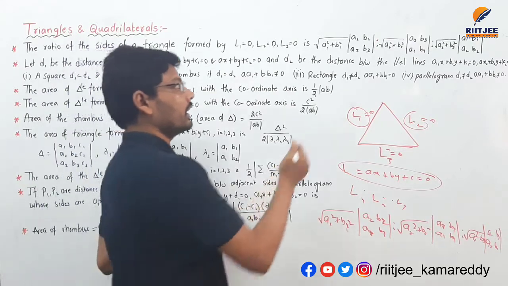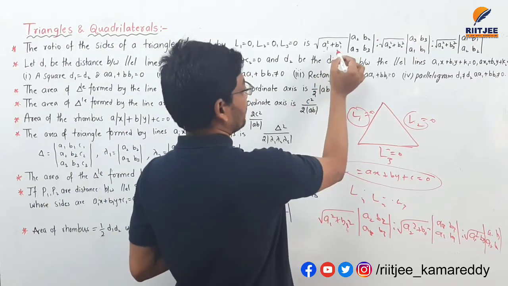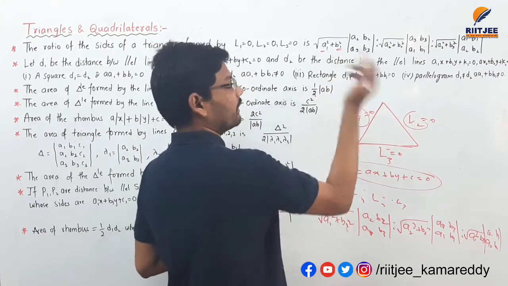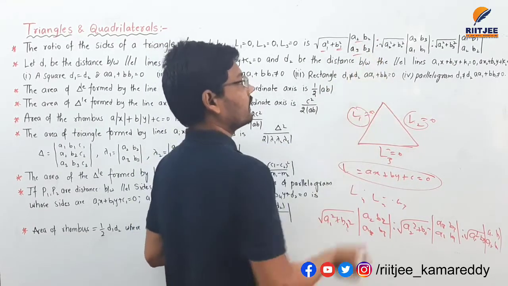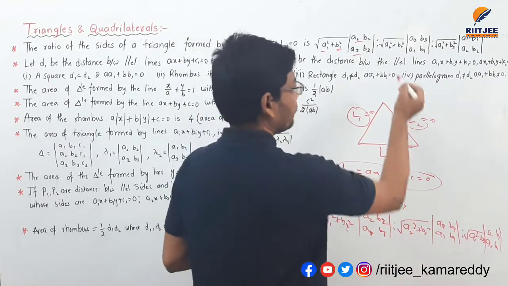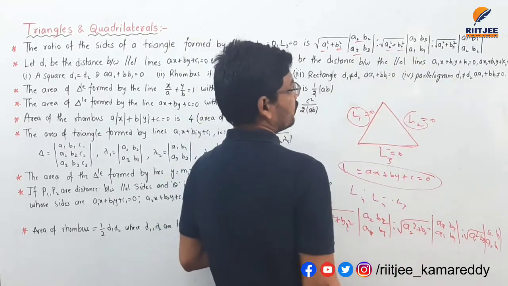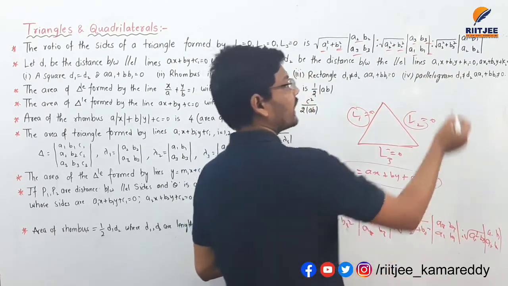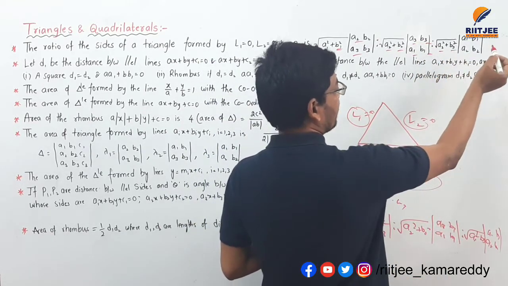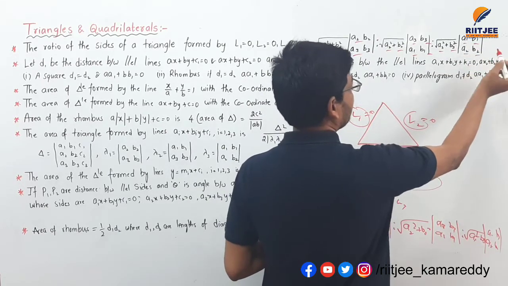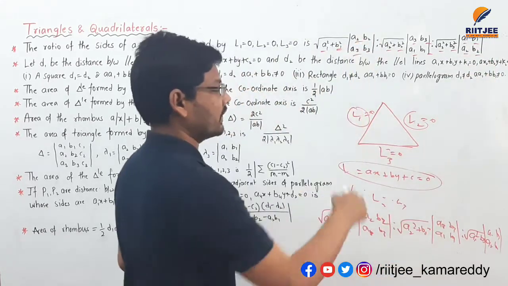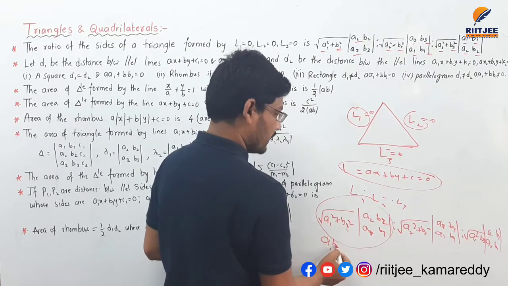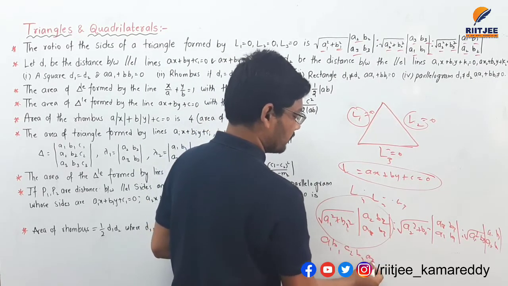First of all, a1 square plus b1 square is there, so the remaining values are 2 and 3 in the determinant: 1, 2, 3. Then a2 square plus b2 square is there, so the determinant has 3, 1. Then a3 square plus b3 square, and the determinant a1 b1, a2 b2. So in every term of the ratio we have the a1 b1, a2 b2, a3 b3 combination.